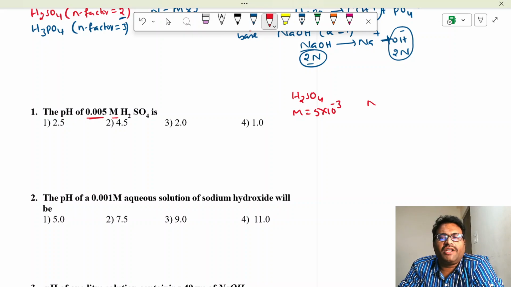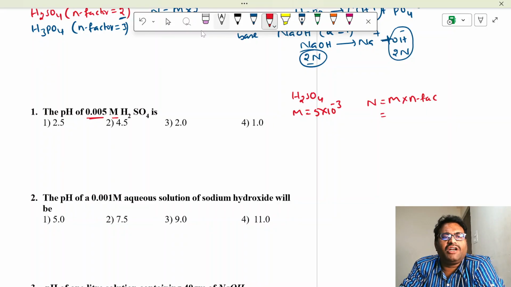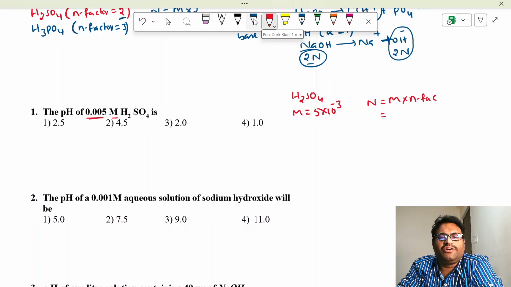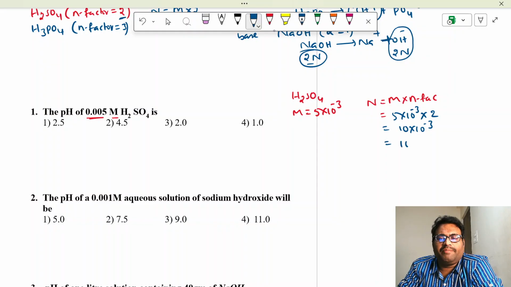We know that normality is equal to molarity into N factor. N factor for H2SO4 is 2. So 5 into 10 power minus 3 into 2 is 10 into 10 power minus 3, that is equal to 10 power minus 2 normal.